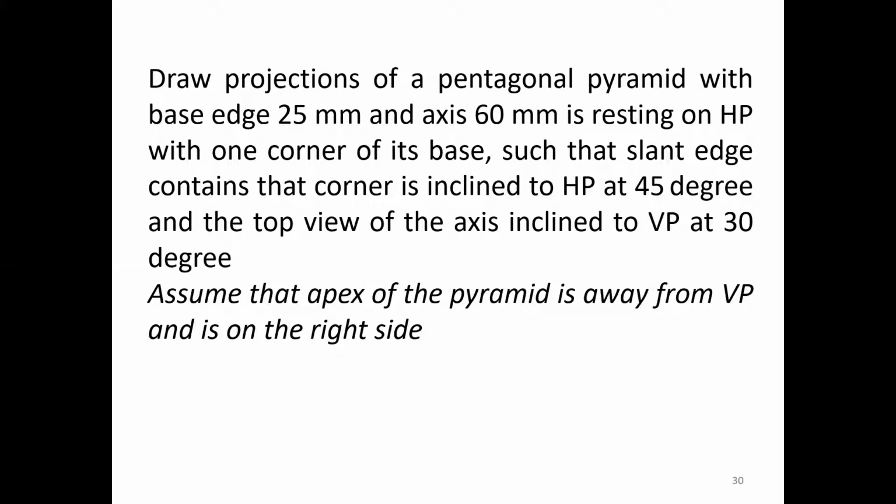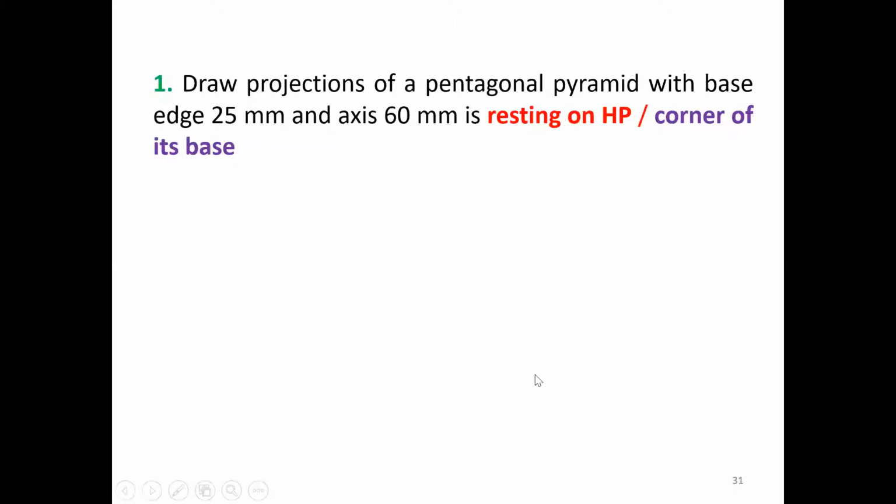The pentagonal pyramid is completely resting on the horizontal plane with its pentagonal base, such that we are maintaining the condition for the further cases, that is a corner and slant edge on the right side.